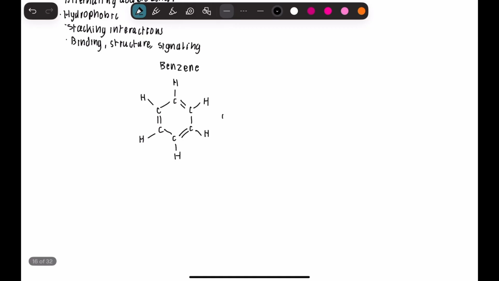Also, benzene can be this too. Just double here, double here, double here, double one up here, here, and here.